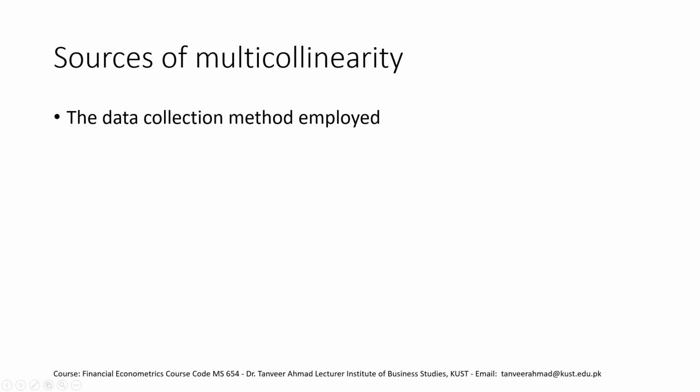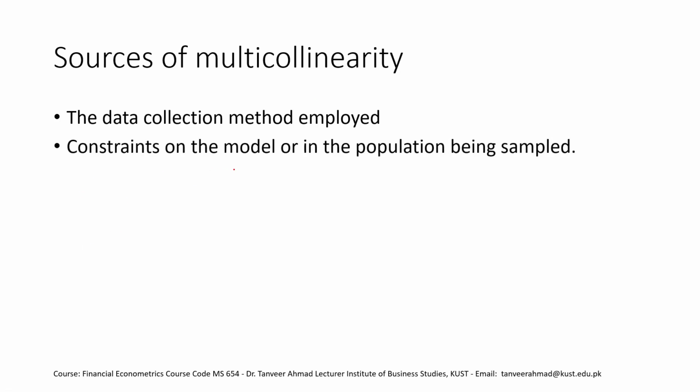The second reason that might cause multicollinearity is the constraint in the model. So let's say we have a model where we are going to see the effect of income and house size on consumption of a family.